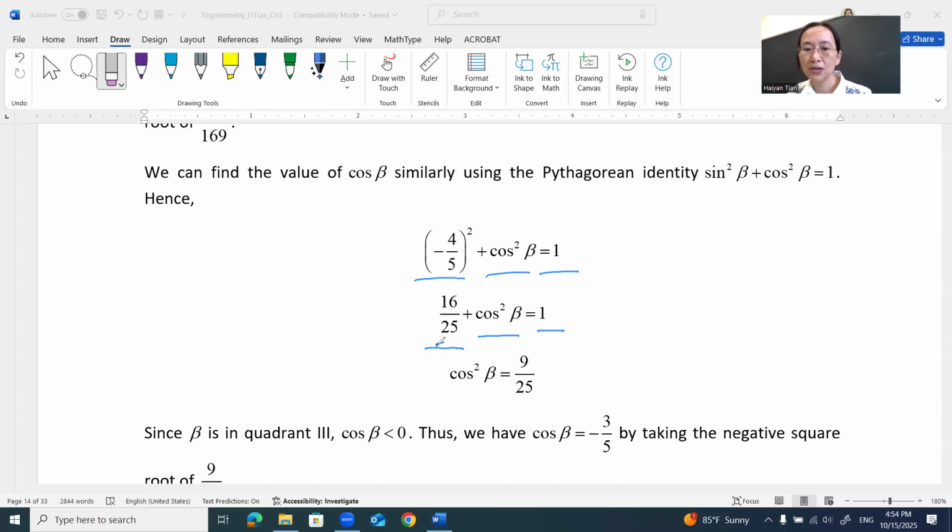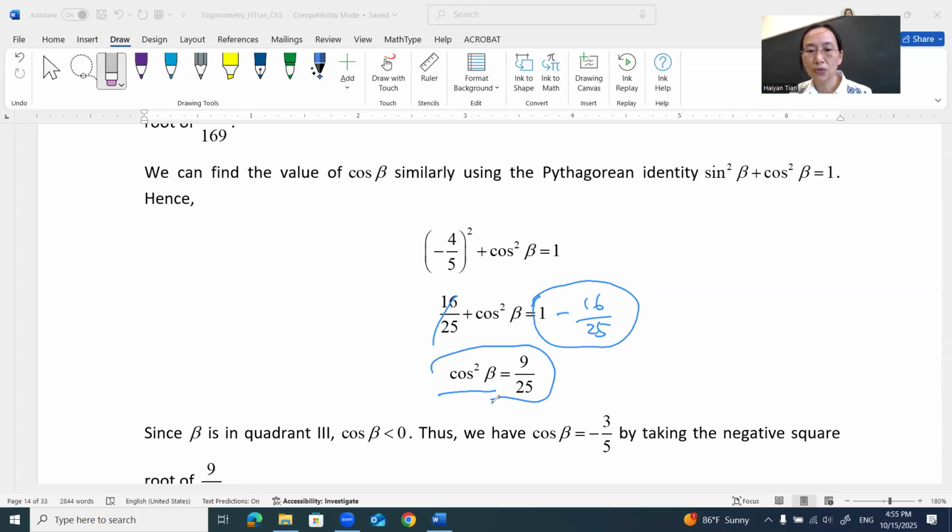First of all, we need cosine squared beta, which is 1 minus 16 over 25, so you subtract both sides by 16 over 25. So cosine squared beta is 9 over 25.